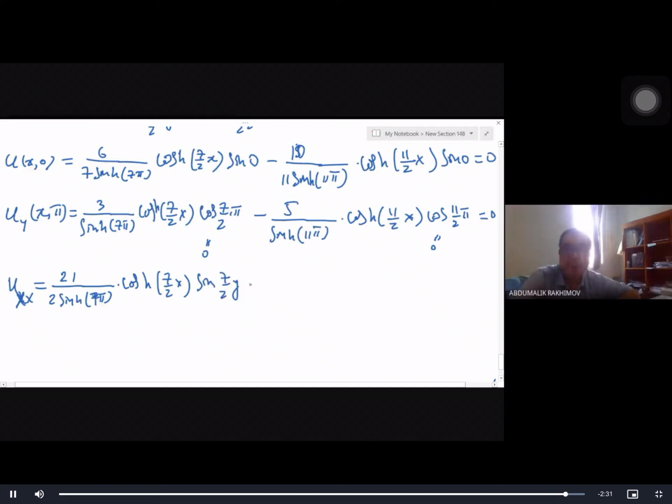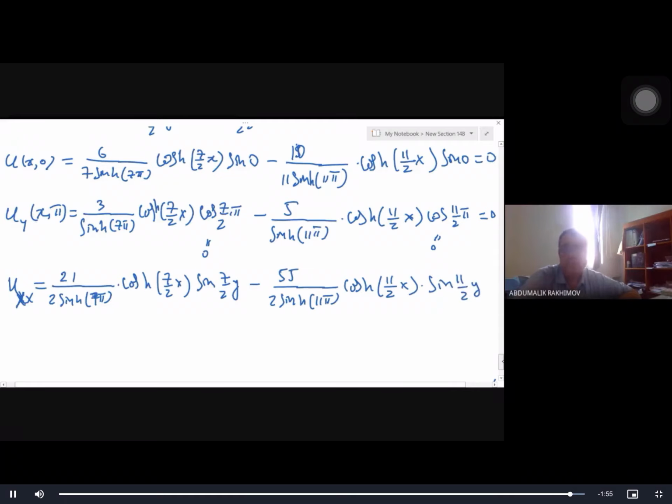Okay, minus, if you find the derivative, 55/2 times sine hyperbolic 11 pi, again cosine hyperbolic 11/2 x, sine 11/2 y. So this is u_xx.